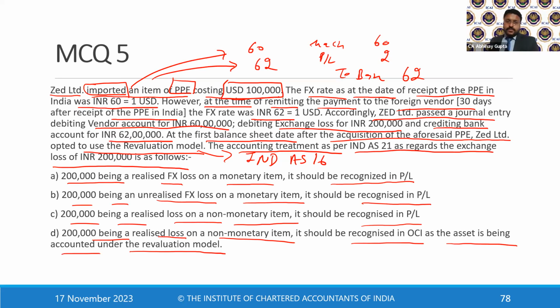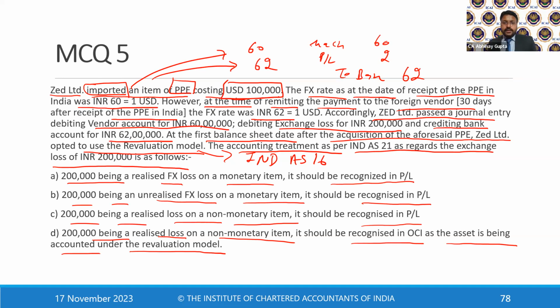So machinery has been purchased for 1 lakh US dollars when the rate was 60 rupees per US dollar, and the payment was made on the date when the rate was 62 rupees per US dollar. The company has capitalized the machinery at 60 lakhs, debited P&L for exchange loss of 2 lakhs, to bank account 62 lakhs, right? This is the entry the company has posted.